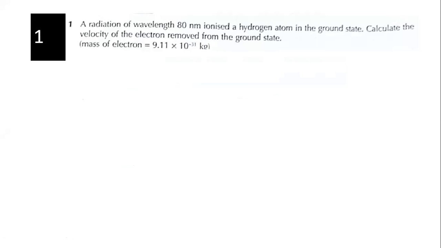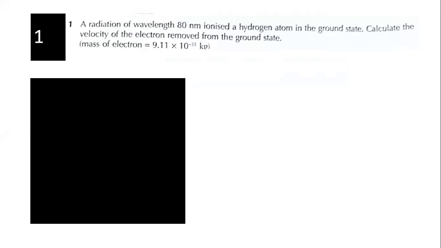Radiation of wavelength 80 nanometer ionizes a hydrogen atom in the ground state. Calculate the velocity of the electron removed from the ground state. Kinetic energy equals hc over lambda minus ionization energy.